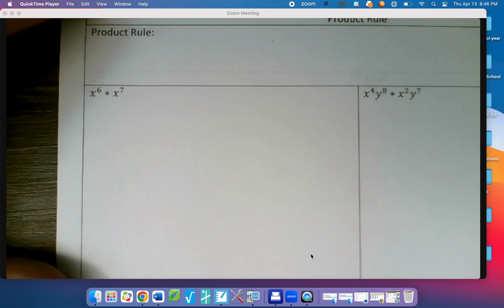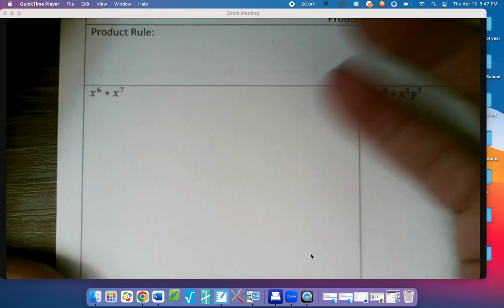Tomorrow in class, I'm going to have you guys look at our product rule again. We looked at it during block day.